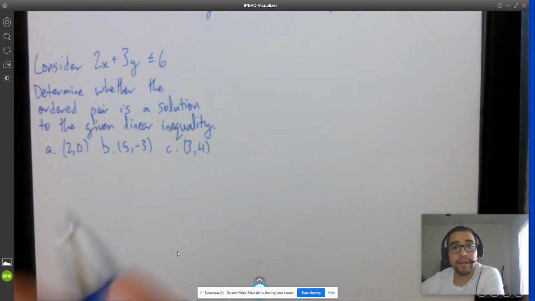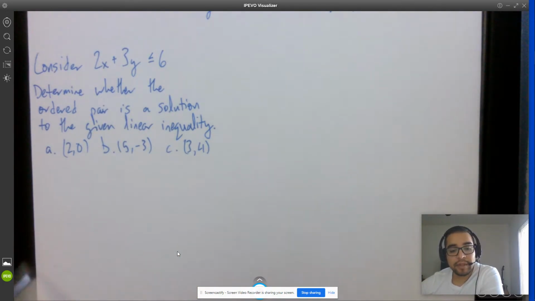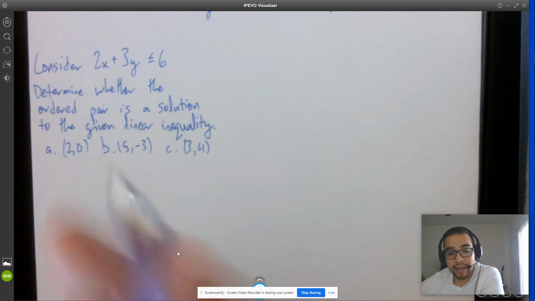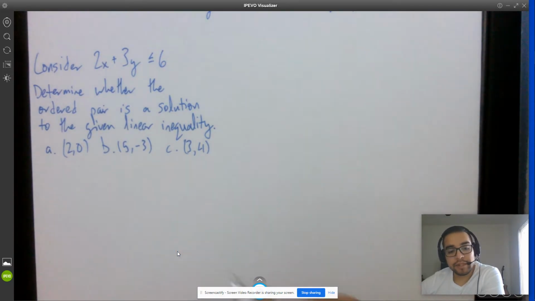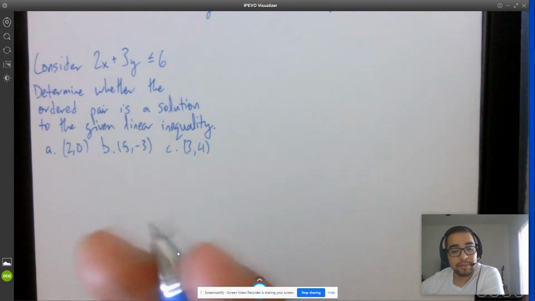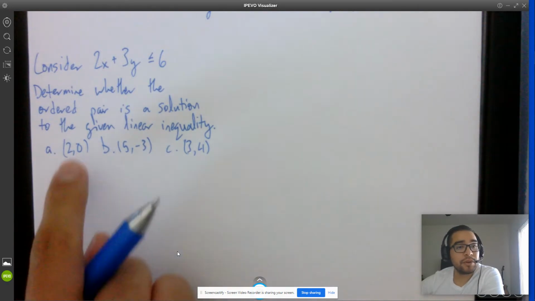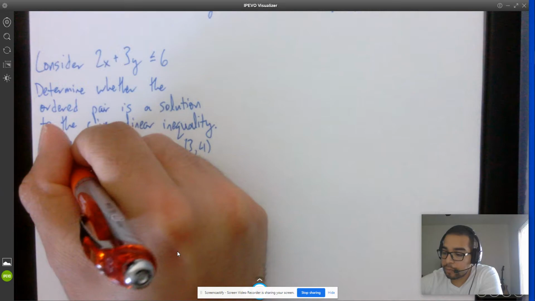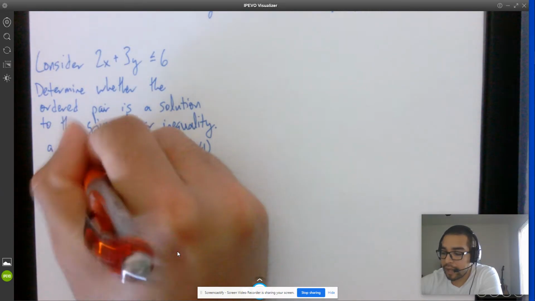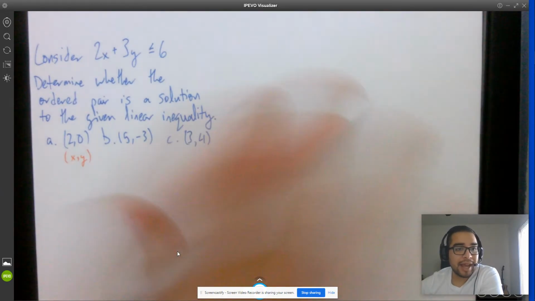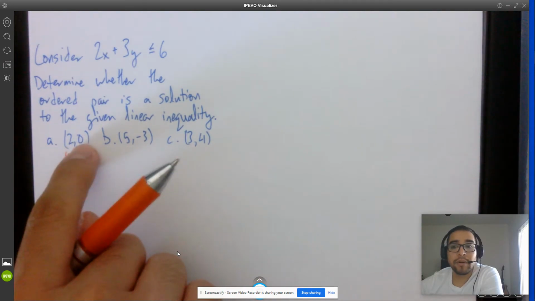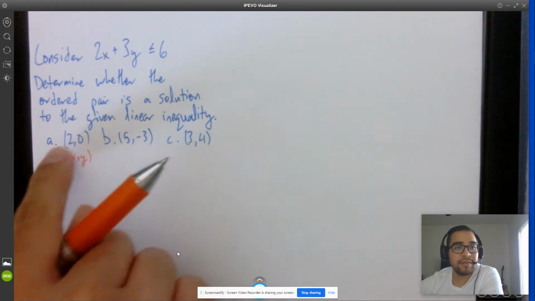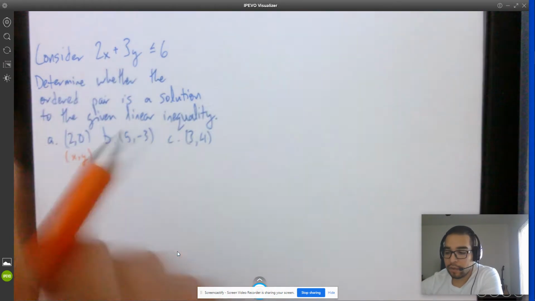A solution of a linear inequality in two variables is an ordered pair (x, y) such that when the coordinates are substituted into the inequality, a true statement results. If you recall, an ordered pair is of the form (x, y). My x coordinate is 2, my y coordinate is 0, and we're going to check to see if this is a solution to this inequality.